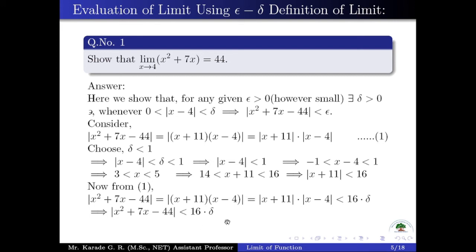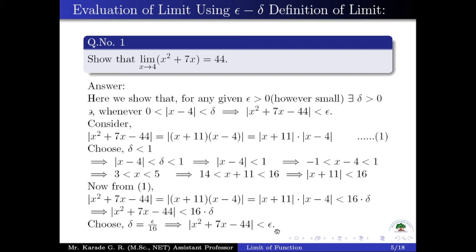What will be the choice of our delta so that this condition will be true? Our choice must be delta equal to epsilon upon 16. If I choose delta like this, then mod of x square plus 7x minus 44 will be less than epsilon, and that is what we want to show.